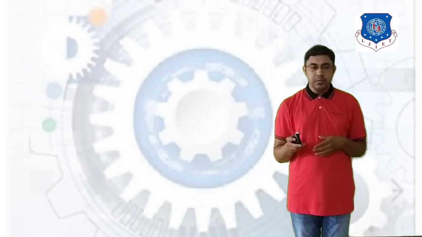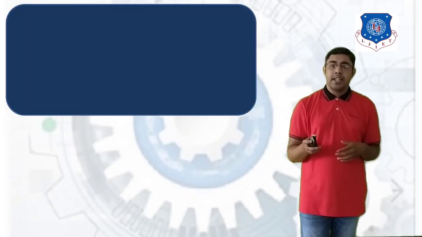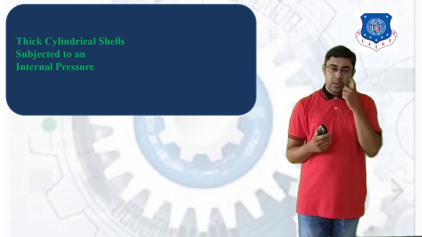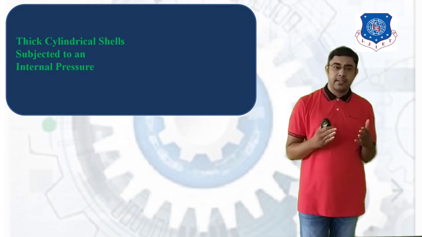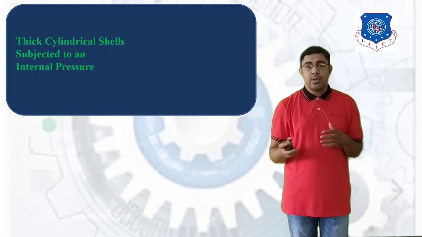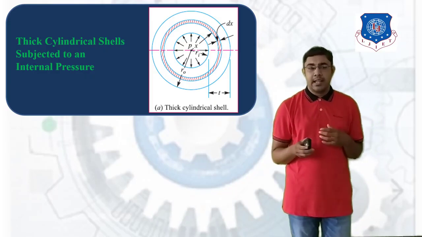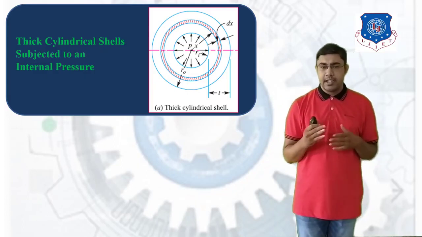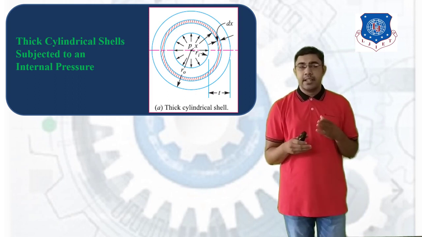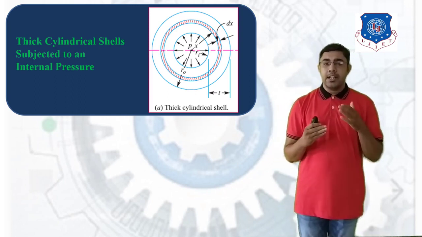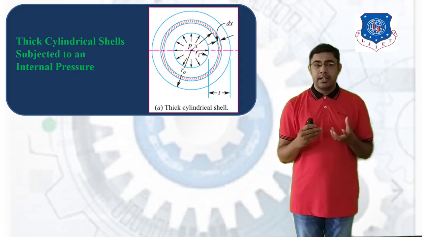Now consider the thick cylindrical shell subjected to internal pressure. Here we discuss the thick cylindrical shell subjected to internal pressure. Consider the thick cylindrical shell as shown in figure A. The pressure intensity is P, and it is subjected to internal pressure.